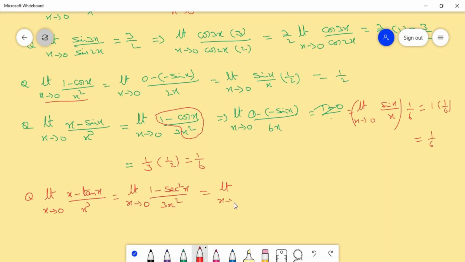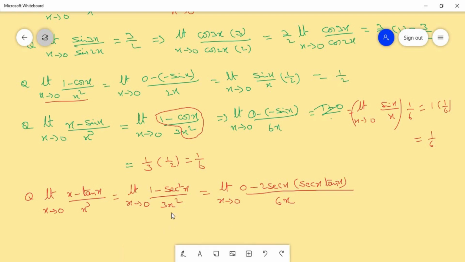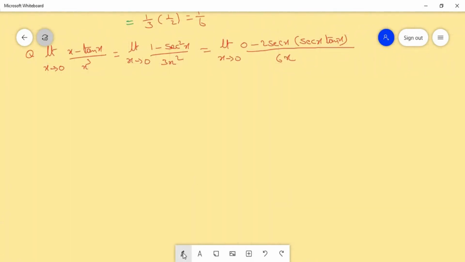0 by 0 form. Then do one more time L'Hospital rule. Limit x tends to 0. Constant derivative is 0, 2 secant x into the derivative of secant x, which is secant x into tan x, whole divided by 6x. Now check here in the place of x 0, we also get some infinity. Then we'll do one thing.